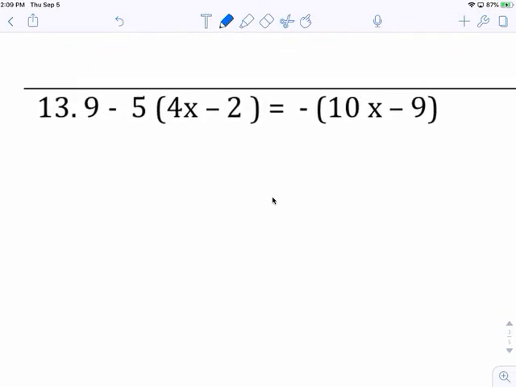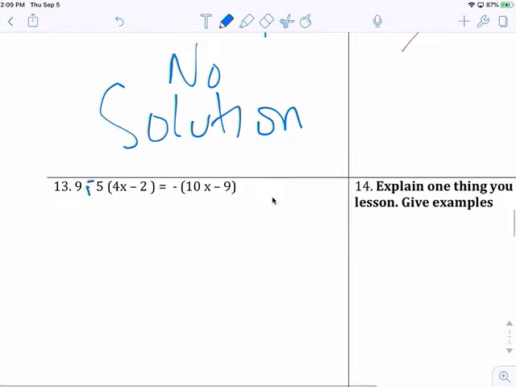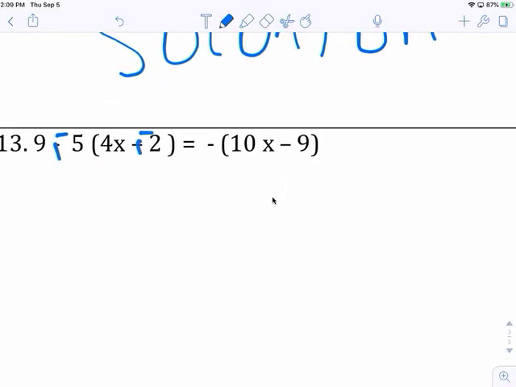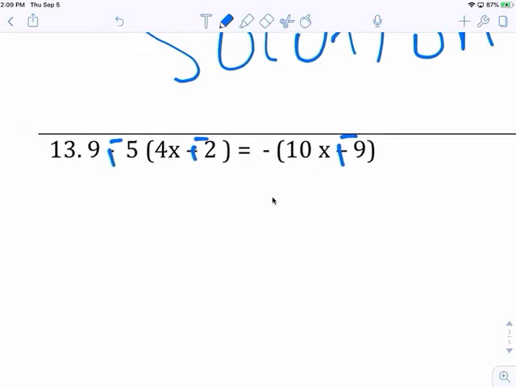Okay, additive inverse. Make sure you explain one thing you've learned. Okay, you guys finish this, okay? Negative 20x, positive 10.